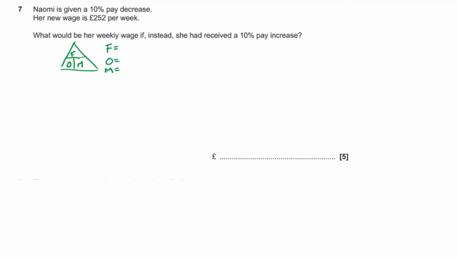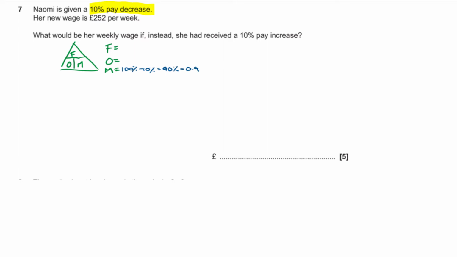Okay, so let's have a look through here. So Naomi's given a 10% pay decrease. That is a multiplier then of 100% take away 10%, isn't it? 100% take away 10%, 10% decrease. Now that is 90%, which as a decimal is 0.9.